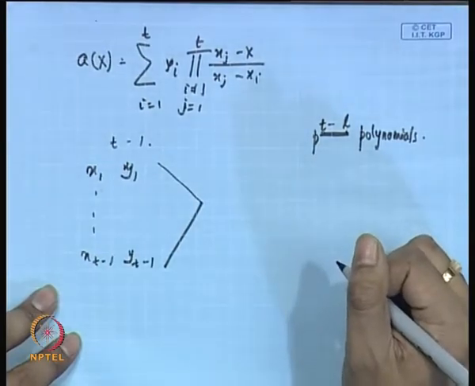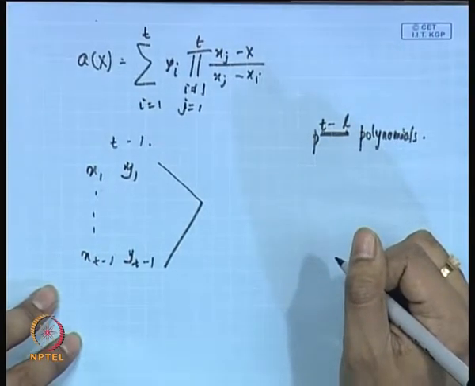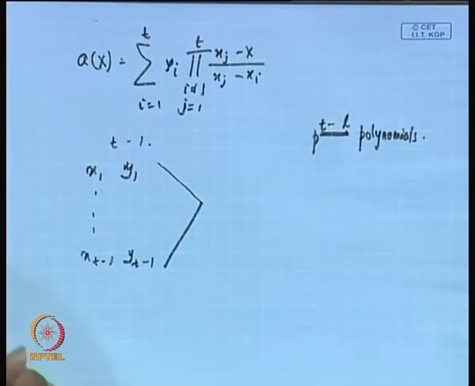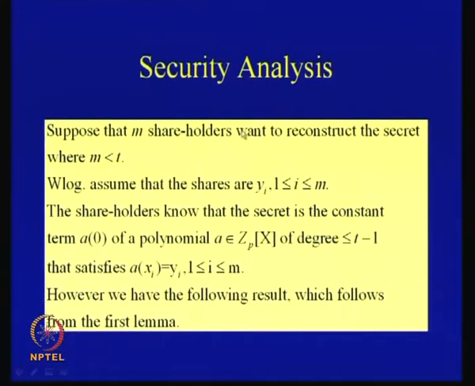Being more precise, suppose there are m shareholders who want to reconstruct the secret where m is less than t. Without loss of generality, assume that the shares are yi, where i varies from 1 to m. The shareholders know that the secret is the constant a0 of a polynomial of degree less than or equal to t minus 1.